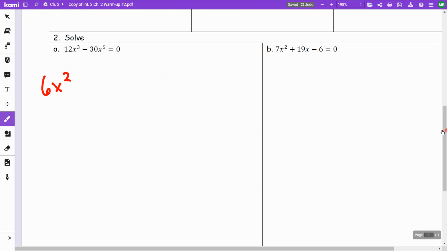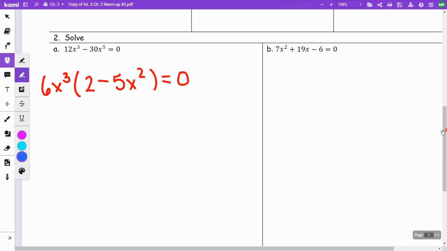I need to take out the most possible. And it's not an x squared, it's an x to the third. Okay, 6x to the third, times, I'm going to be left with a 2 minus 5x squared, is equal to 0. Now, I cannot factor 2 minus 5x squared anymore.